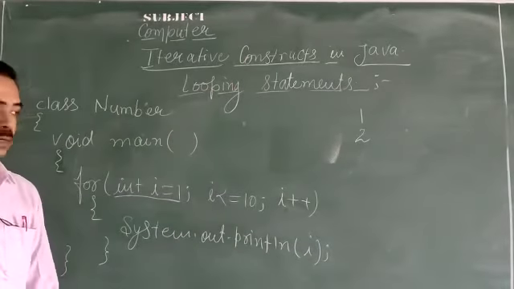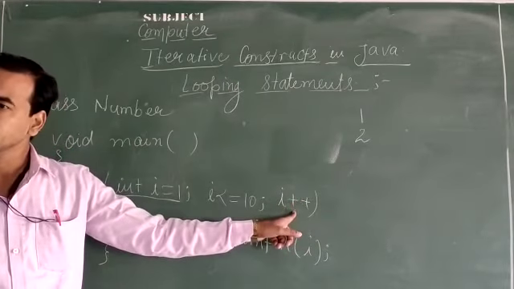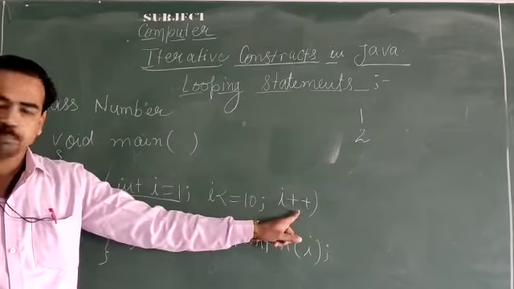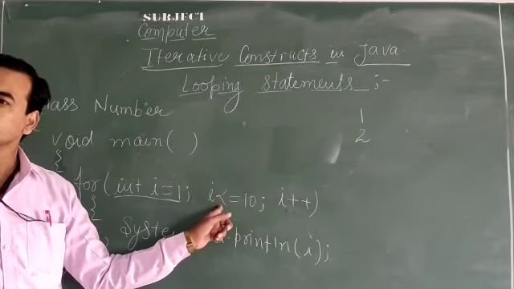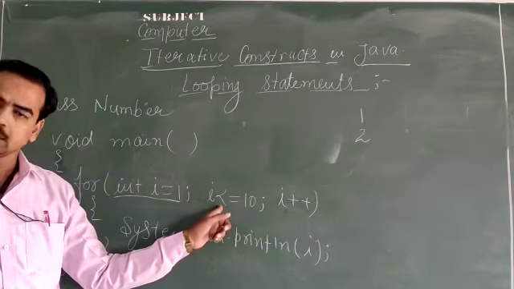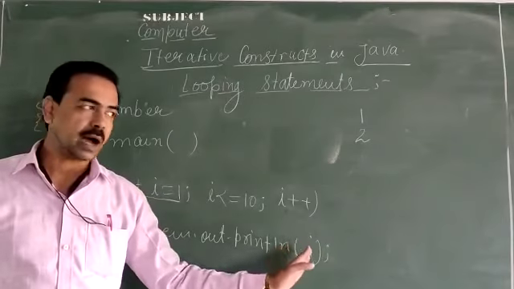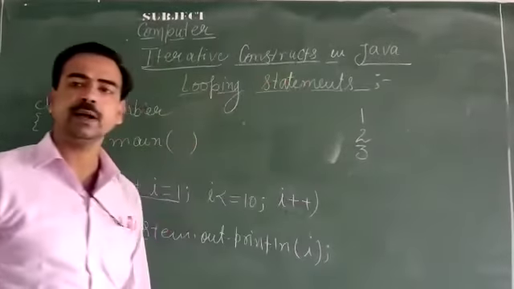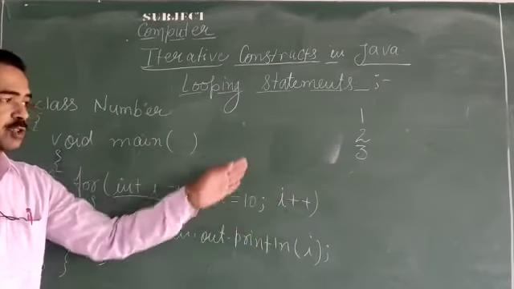Got it? Then after executing loop body, once again updation, 2 plus plus is 3, then condition 3 is less than or equal to 10. Yes, condition is true. Then once again System.out.println(i), the value of i, that is 3, will be printed. Then move on to the updation part and so on.